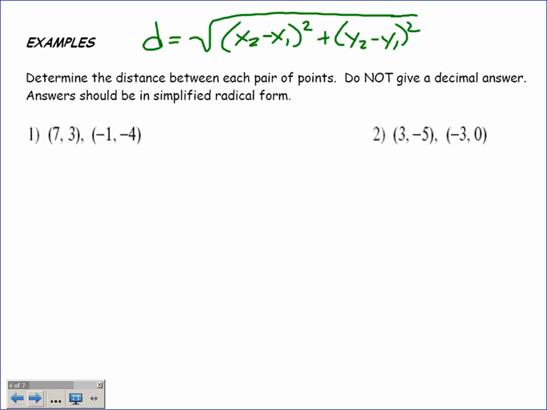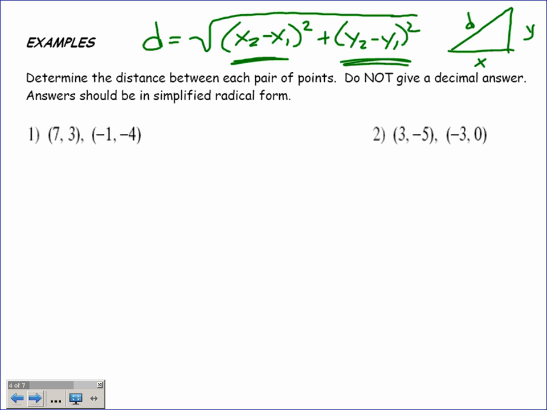The subtracting will basically give you your x distance, and this gives you basically your y distance. So with your triangle, this is your x distance, this is your y distance, and d is going to be basically your hypotenuse. That's what we're looking at.